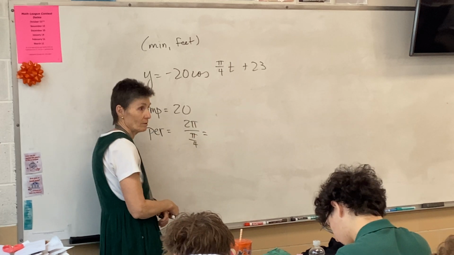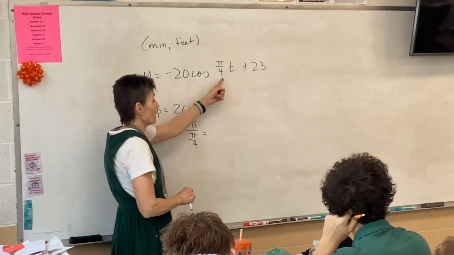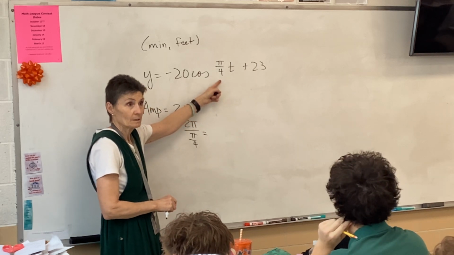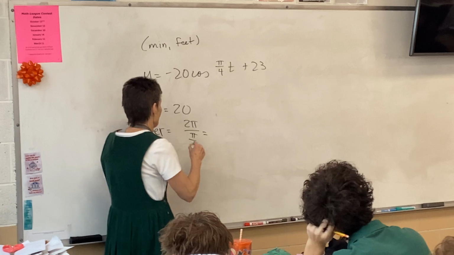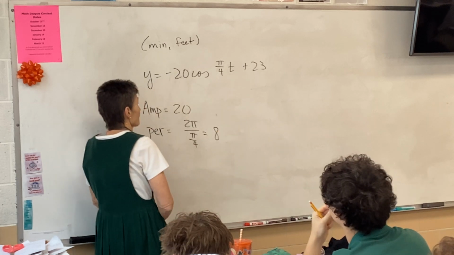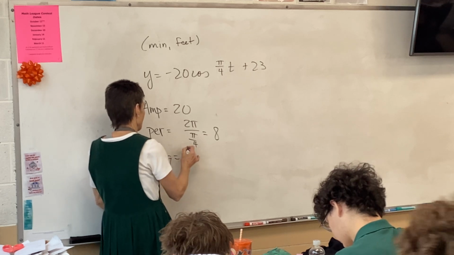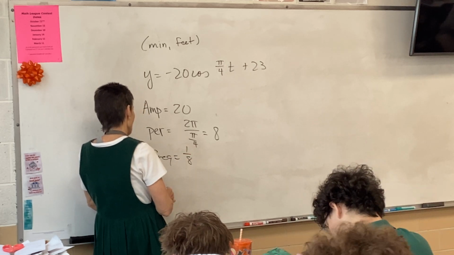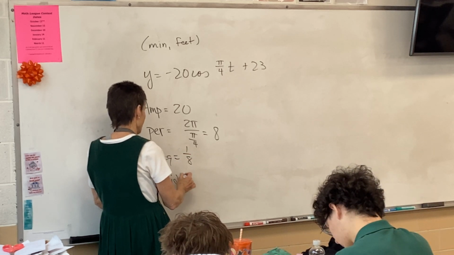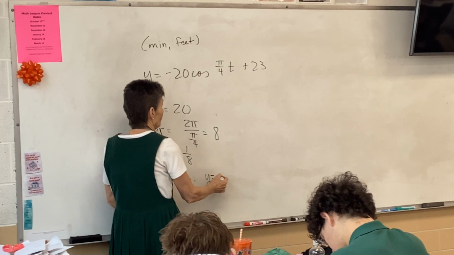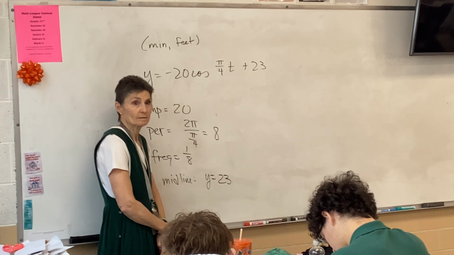Because the normal period is 2 pi, and that coefficient is a divider. So what is that? 8? So frequency would be 1/8. What about my midline? What's my midline? Y equals 23.